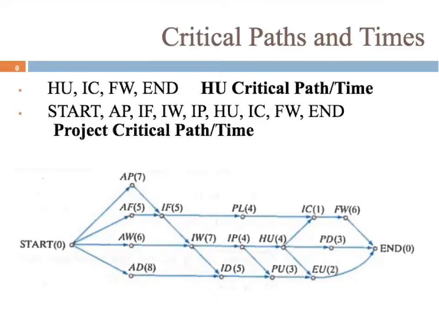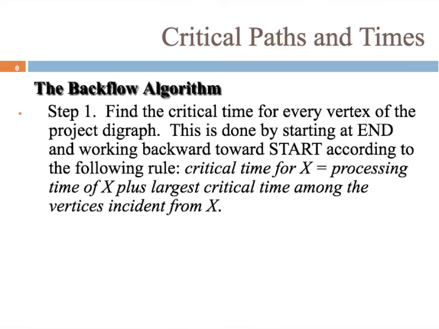So here's the same example we've used in the last couple of sections. We need to find the critical path, and to do that we have to find the critical times for each one of the vertices, and the next couple slides are going to show us the steps for doing that. So step 1, we're going to find the critical time for every vertex of the project digraph.